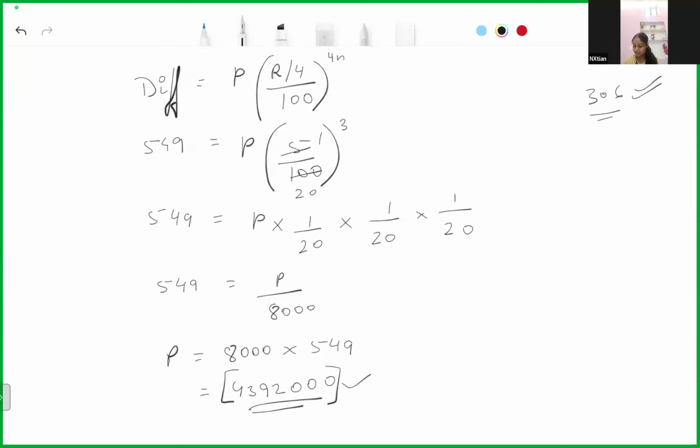Maybe there's some misprint in the P or in some other rate. Anyways, whenever you have such a question, this method will be the same. This formula remains the same for this type of questions.